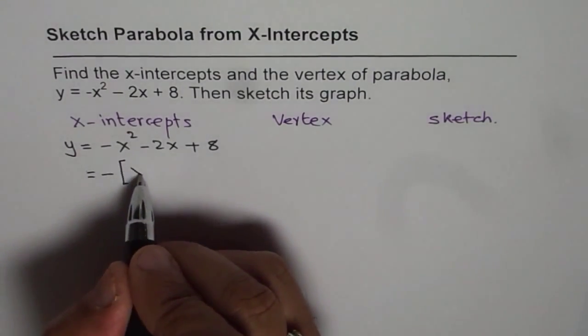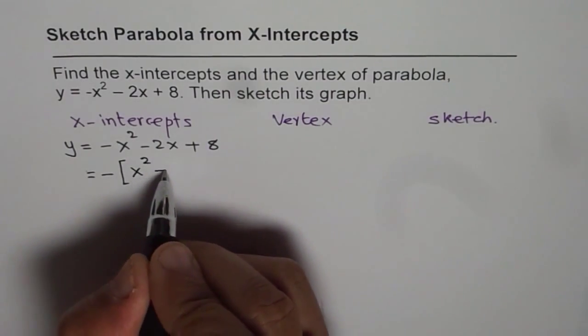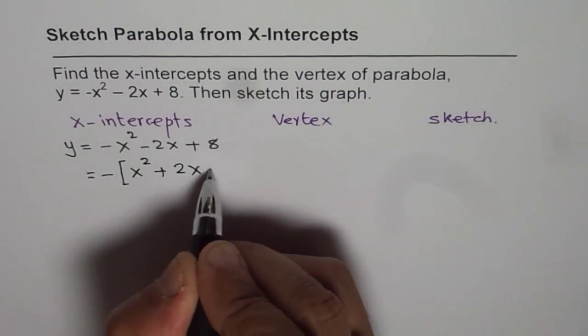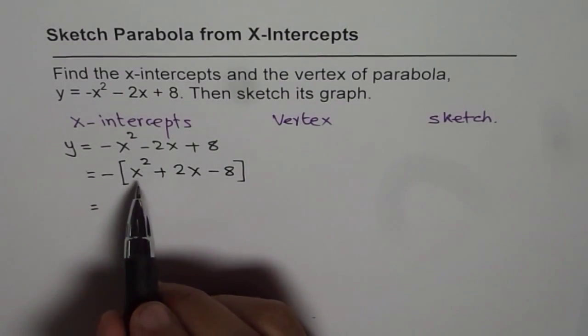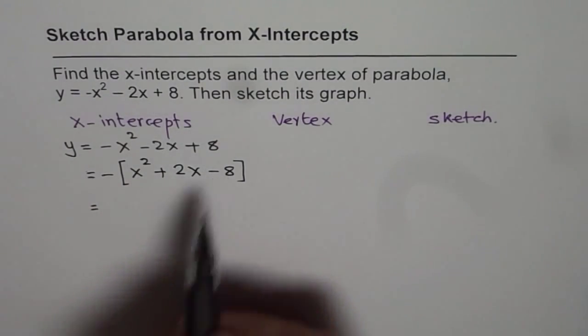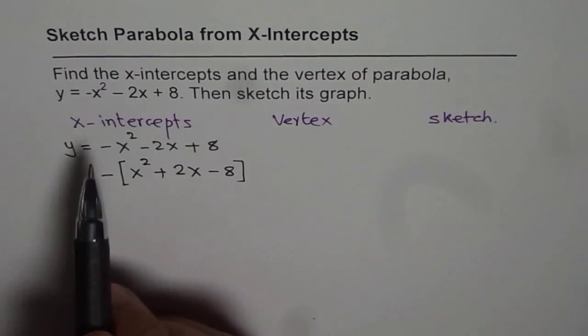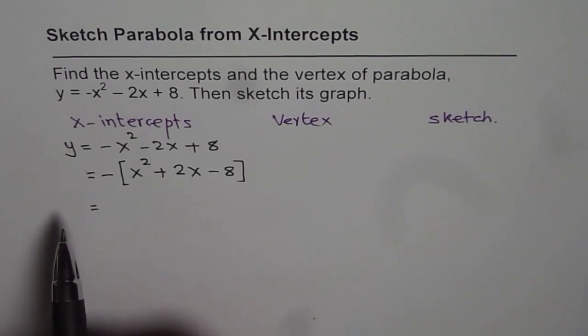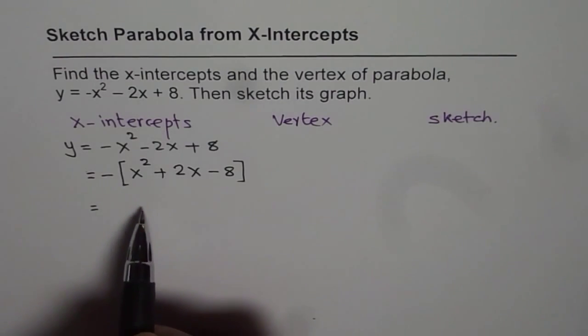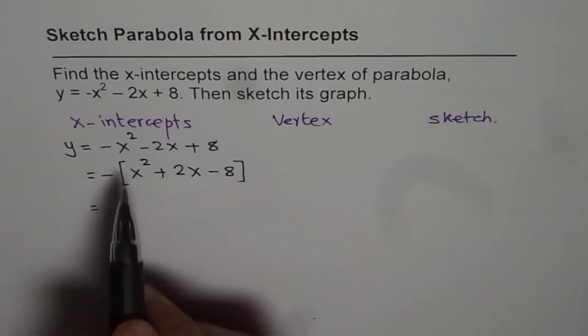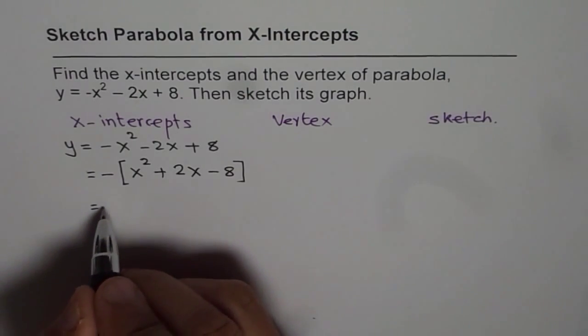Once I factor the negative outside, all the signs change, so we get x² + 2x - 8. Now we will factor x² + 2x - 8. You should remember that when we are talking about x-intercepts, the y value should be 0. And therefore, we are looking for two factors, and once they are equated to 0, we'll get the x-intercepts. That's the whole idea.